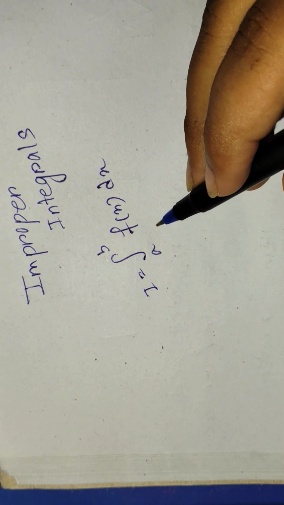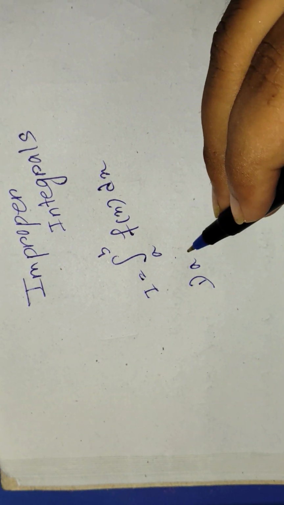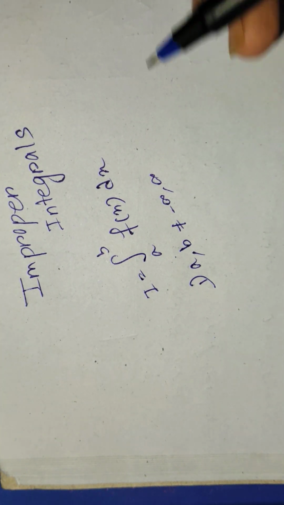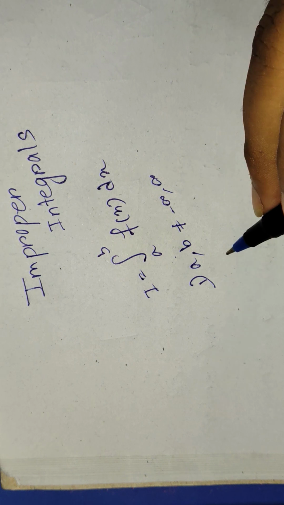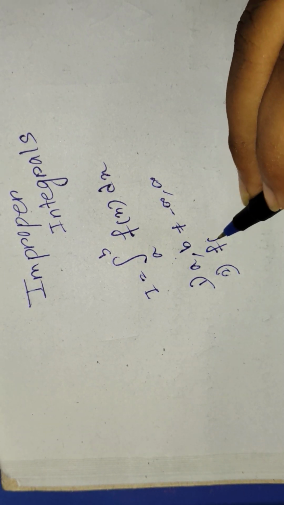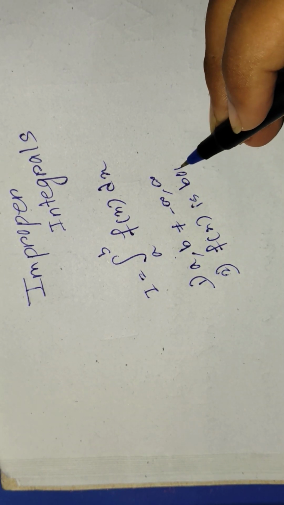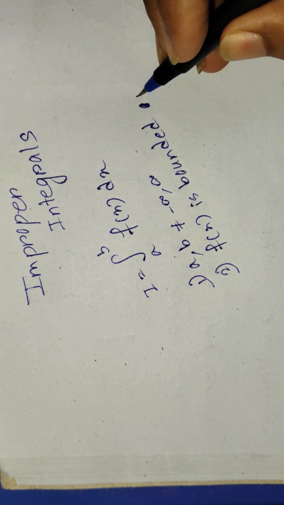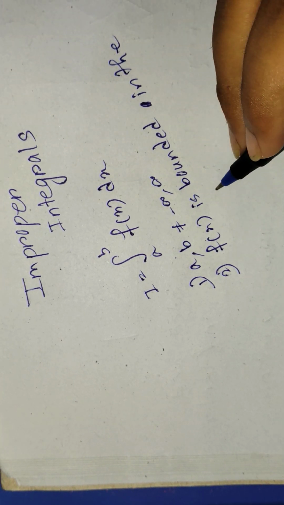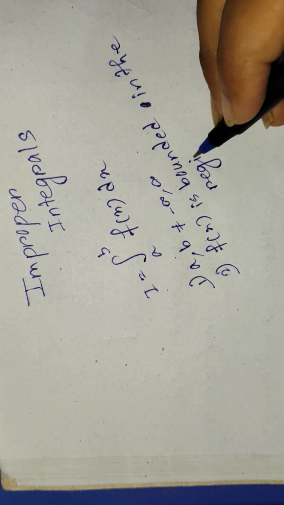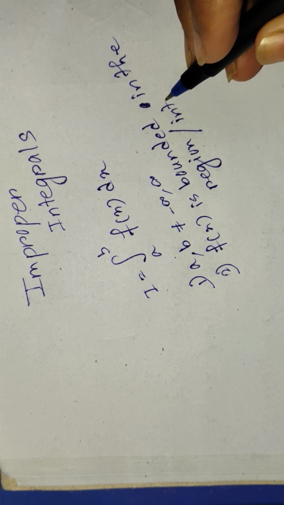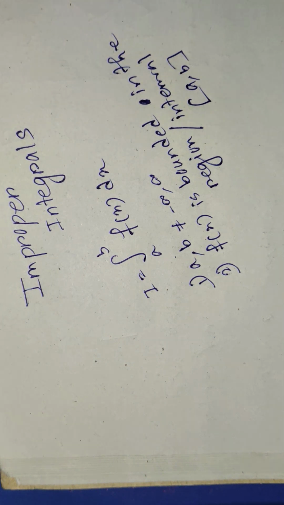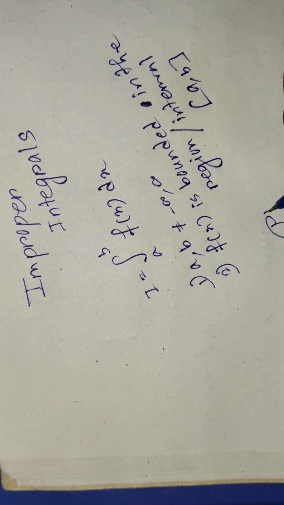Now, in the first case, when a, b are not equal to minus infinity or plus infinity, or the function f(x) is bounded in the region, or you can say interval [a, b], then it is called a proper integral.